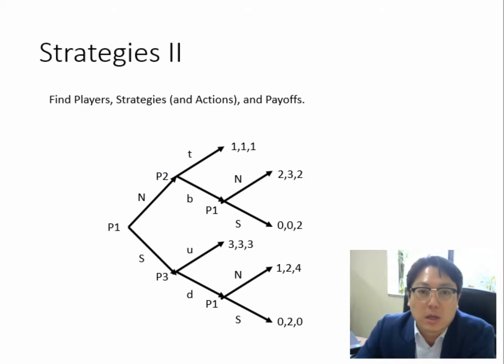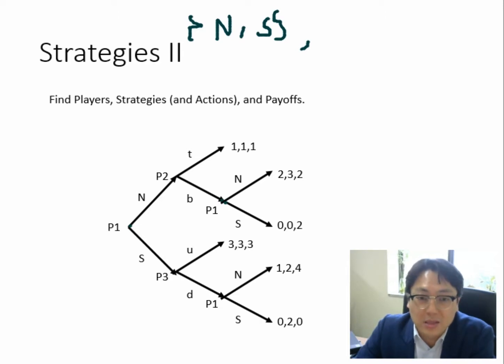But now, what is the first player's strategy? First, at this node, the first player will choose between N or S. If this node is reached, we don't know yet. We couldn't know before starting the game.